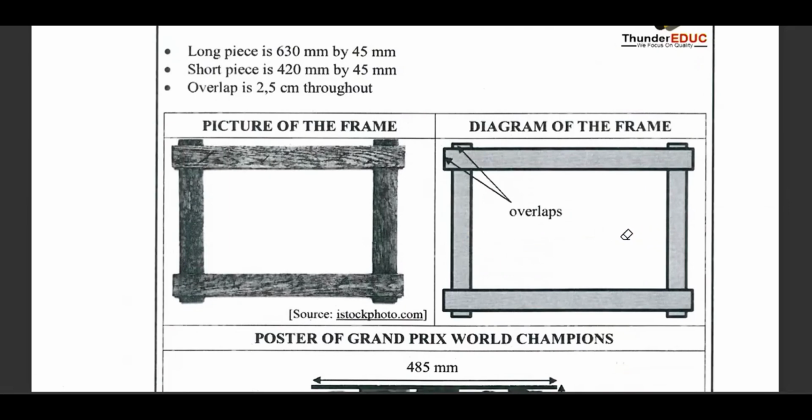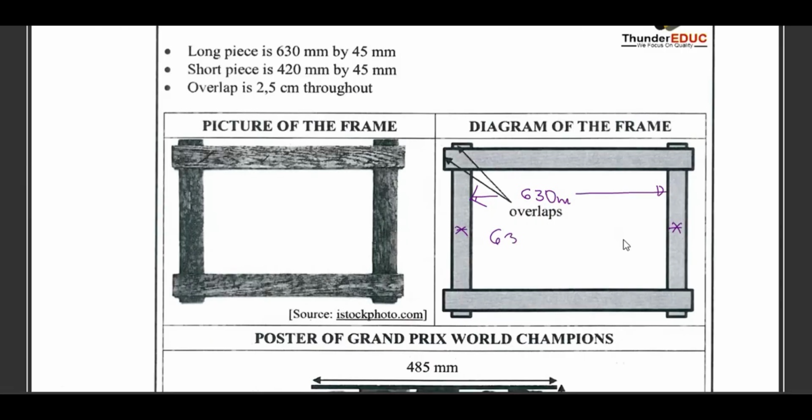What that simply means is that outside, this is supposed to be, but you're looking for inner. That means we need to remove this part here and also remove that, plus the overlap.